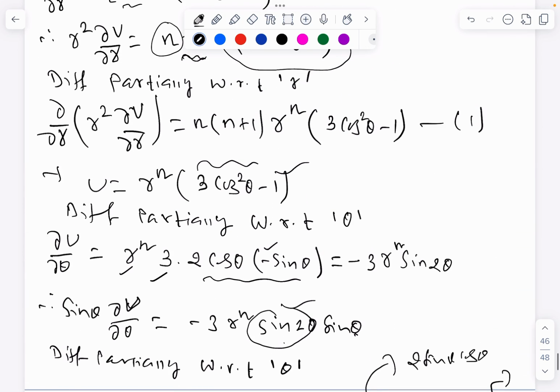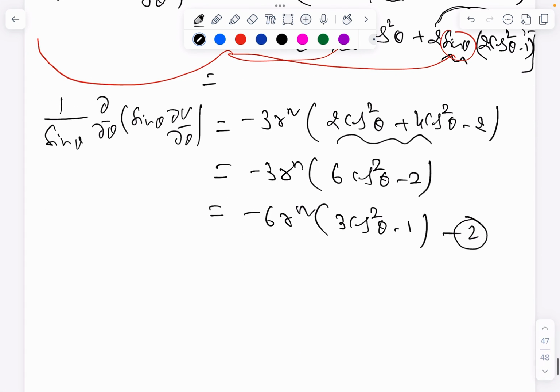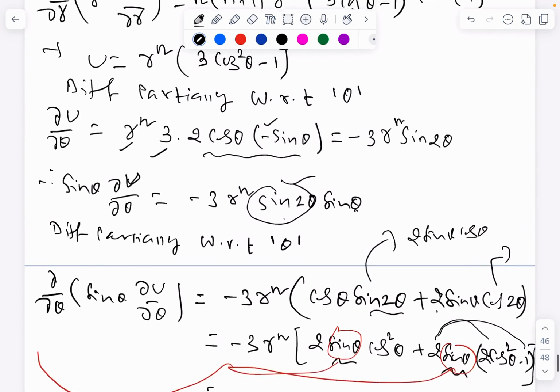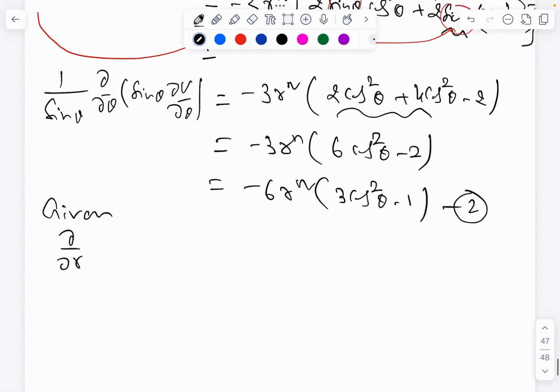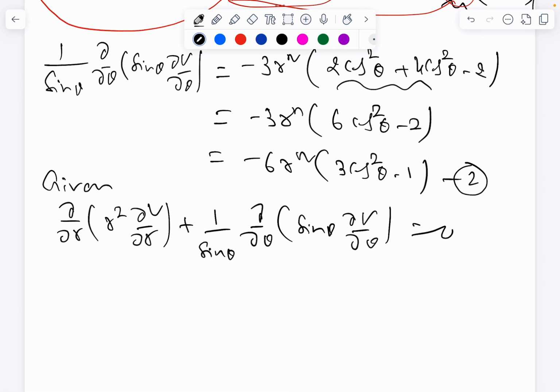Okay, so we give number 2. Now adding that equation. What is the equation given? So that is given del by del r of r square del u by del r plus 1 over sine theta del by del theta sine theta del u by del theta equal to 0, so we have to add 1 and 2.